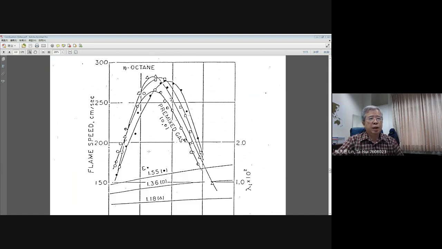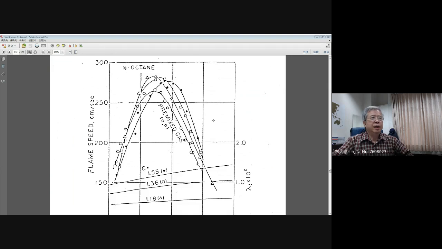They show that if you increase the amount of liquid fuel from the expansion ratio of 1.18 to 1.36 to 1.55, that means you increase the liquid fuel loading, the flame speed curve shifts to the right side.